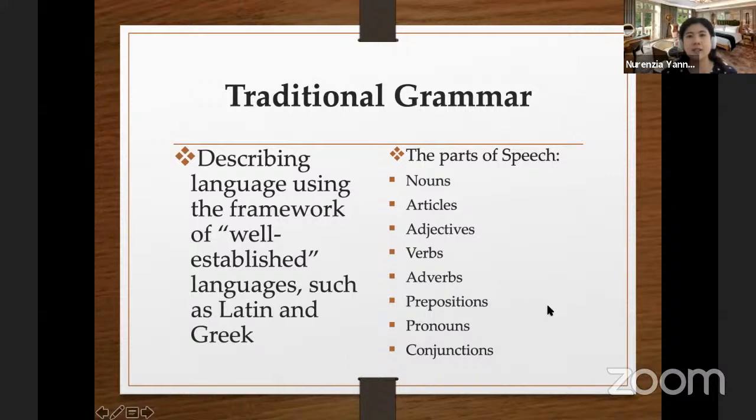These are the labels that are based on these two big languages. I think we still use this in understanding languages until now. So you know this one: which ones are nouns, which ones are articles, and so on.